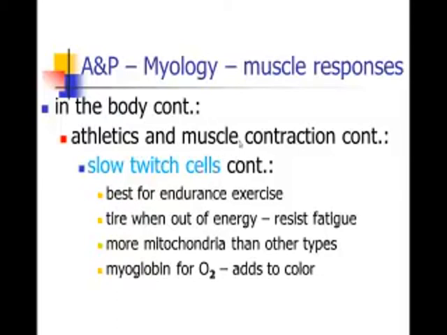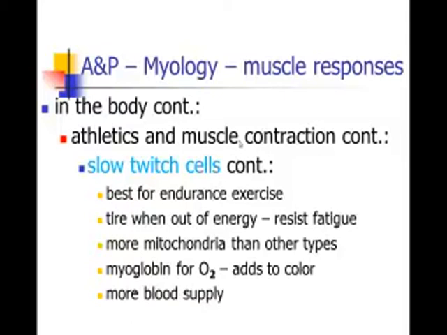The myoglobin is an oxygen-carrying molecule in muscle cells. And when there is more oxygen than is being used by the cell, the myoglobin forms bonds with the oxygen. And then when the oxygen starts to be depleted, the myoglobin can release the oxygen. Myoglobin is red, just as hemoglobin is, and that adds to the color of the cell.